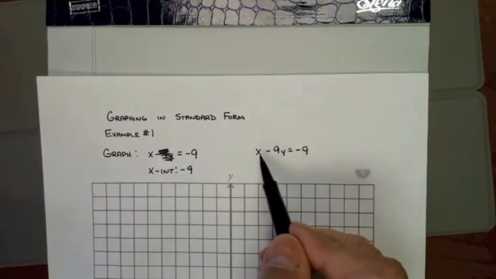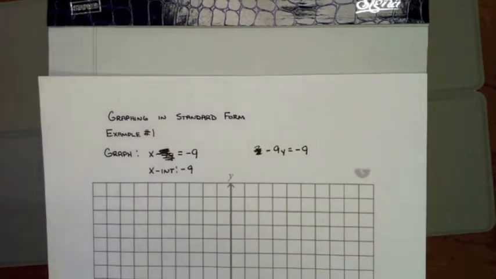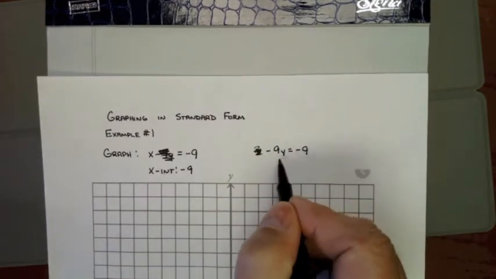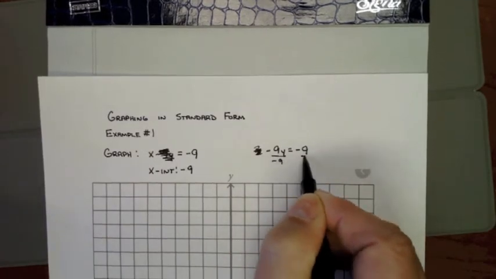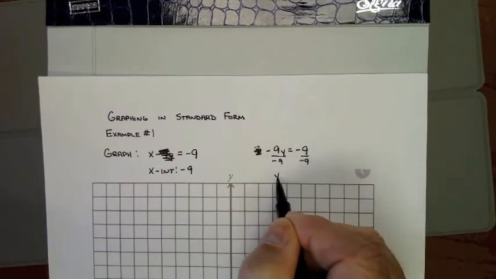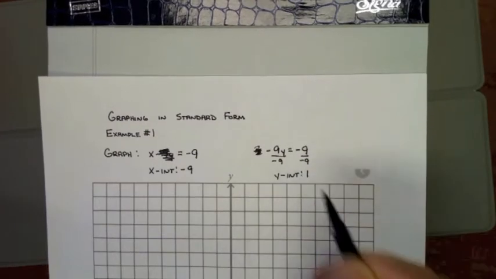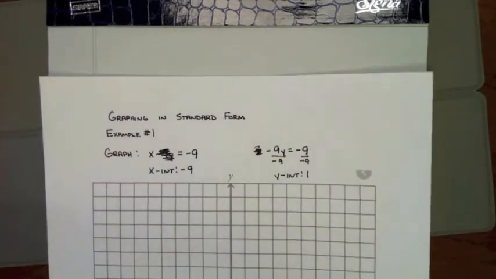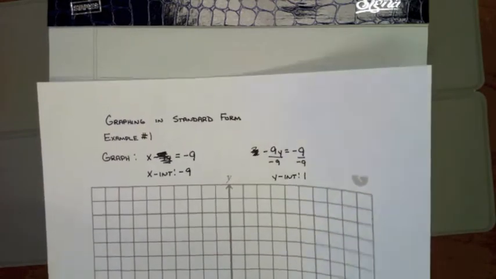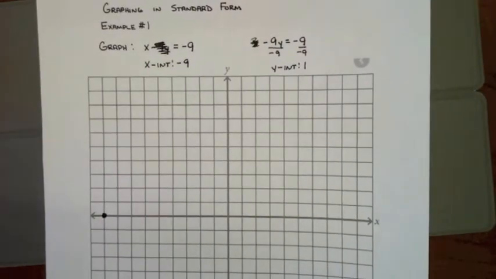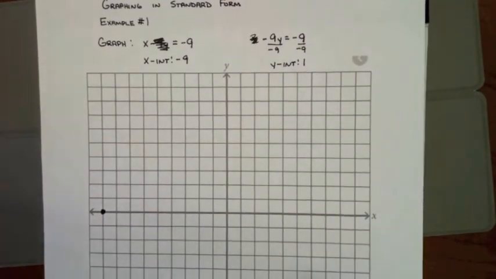Now I need to find the Y-intercept. If I'm going to find the Y-intercept, I don't need the X. I solve this little equation, divide both sides by -9, and I find that the Y-intercept for this one, negative divided by negative, is a positive 1. I'm going to graph a Y-intercept of +1.